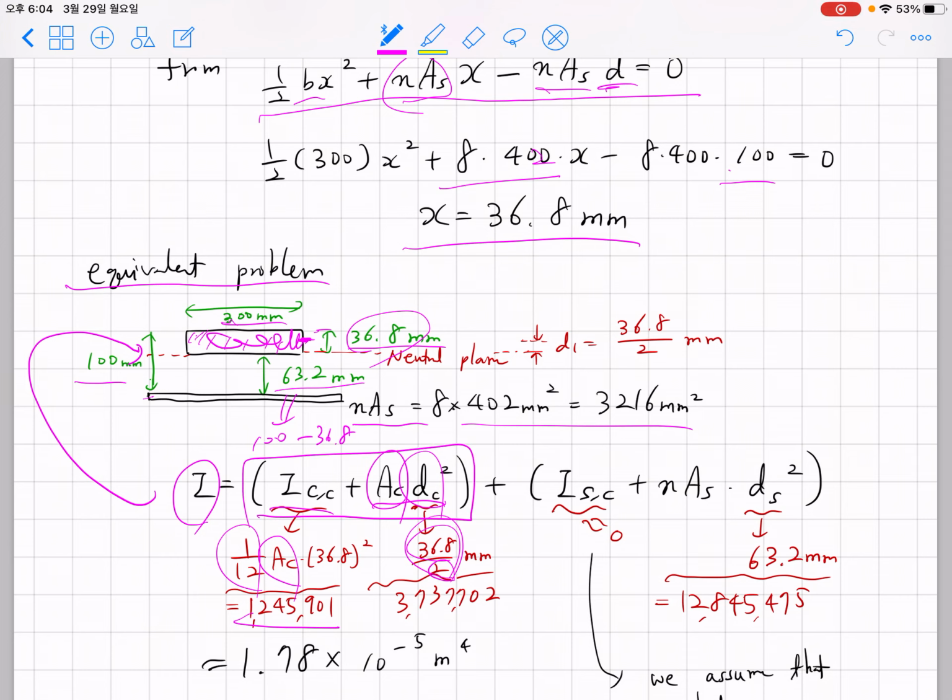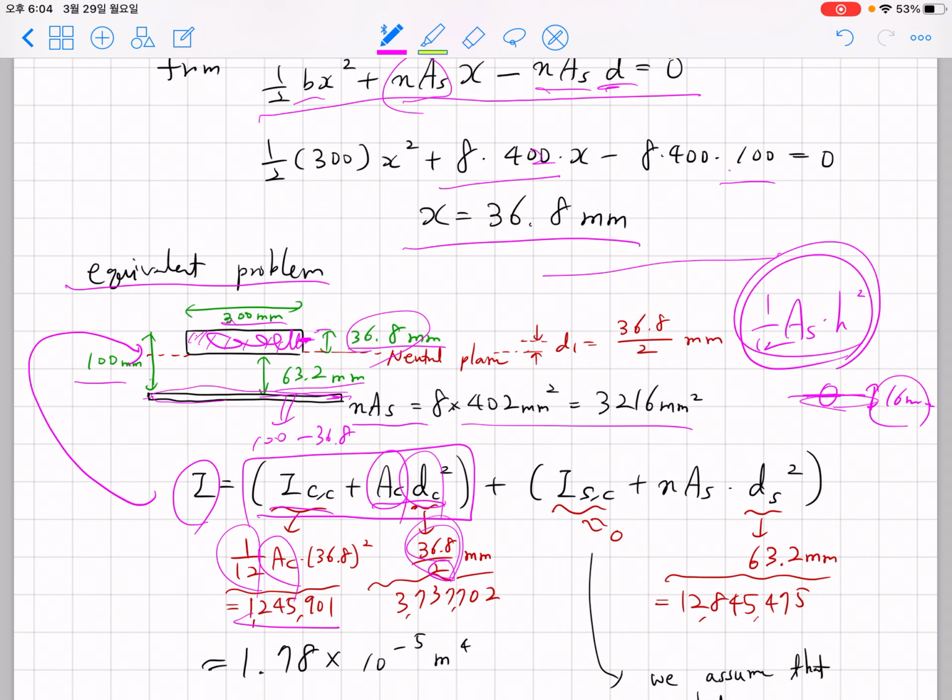And regarding the area moment of inertia of the steel with respect to its own centroid, of course, there is a width of 60 millimeter, but typically we ignore this contribution, because when you consider As h squared over 12 and compare this number with that number, it's much smaller. So in most of our homework and sample problems, we ignore the area moment of inertia for steel with respect to its own centroid.